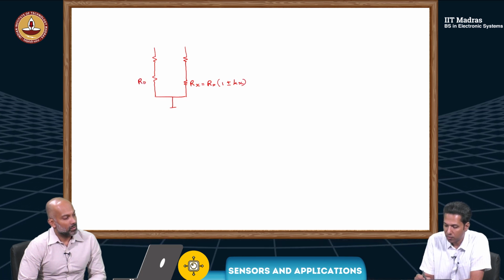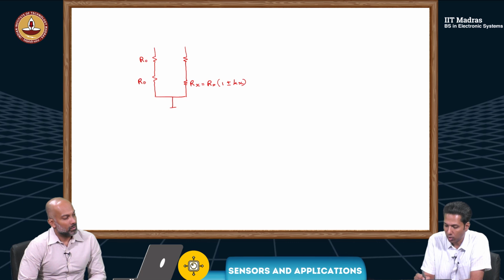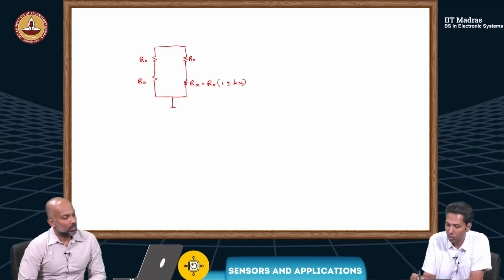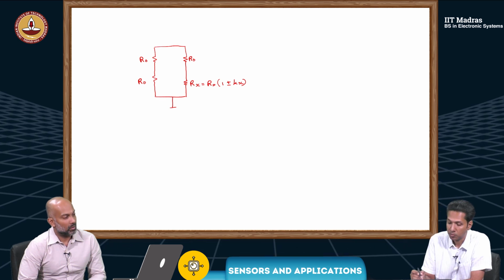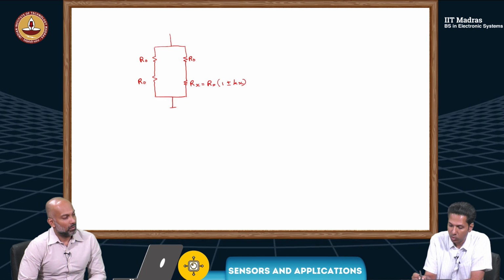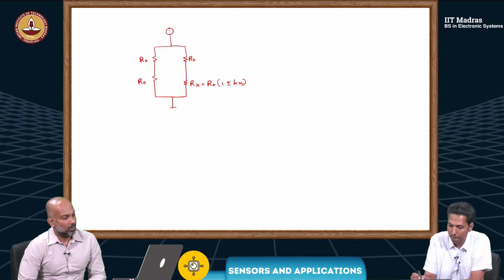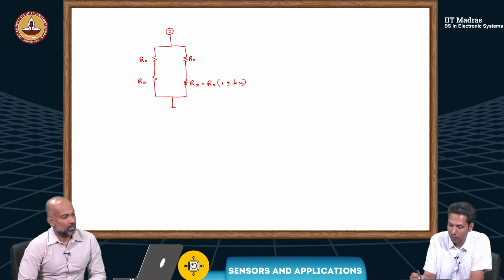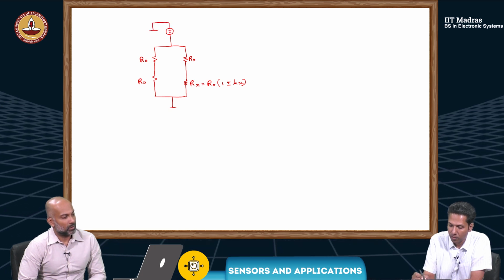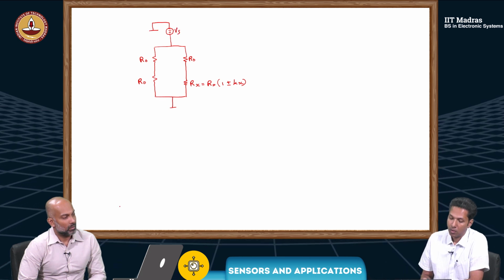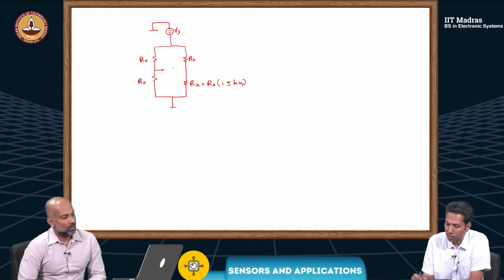Everything else we said matched R naught, which is the nominal resistance. And then this was connected to Vs, the supply voltage, the excitation voltage. And then we took output from here.